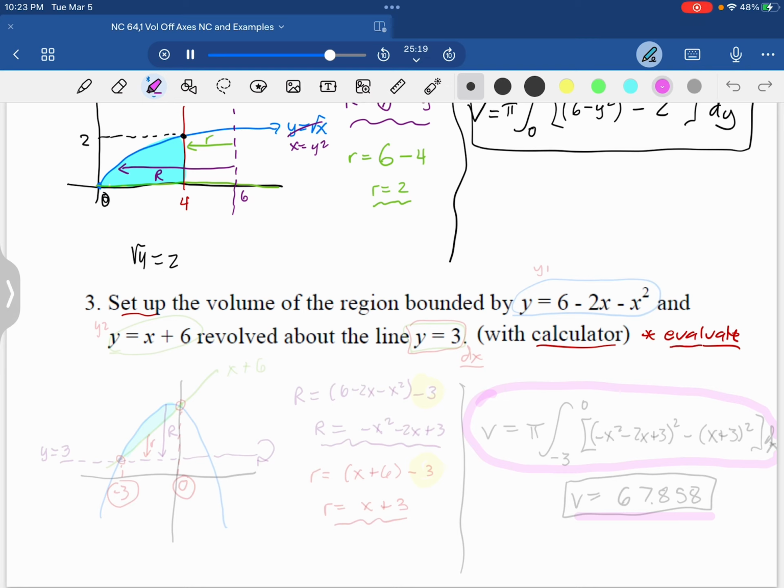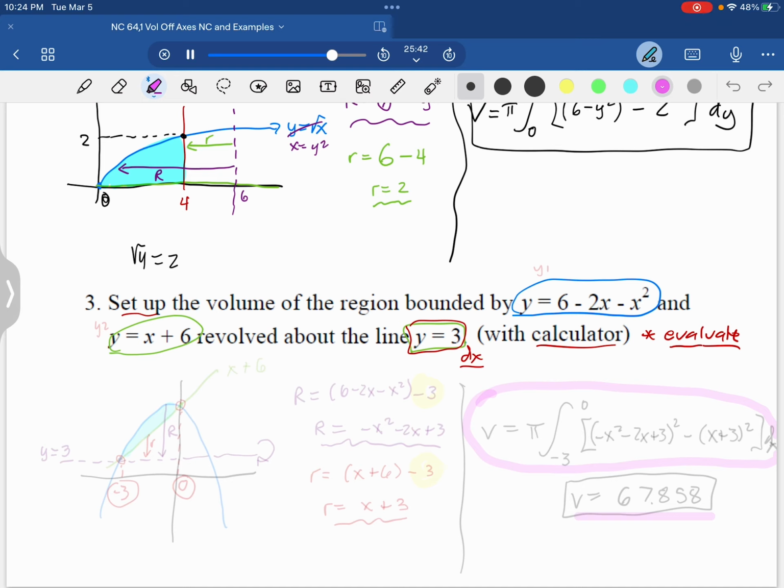Alright, so we're looking for the region bounded by y equals 6 minus 2x minus x squared and y equals x plus 6, revolving around the line y equals 3, which remember, that is actually a horizontal line, so this is going to be a dx.